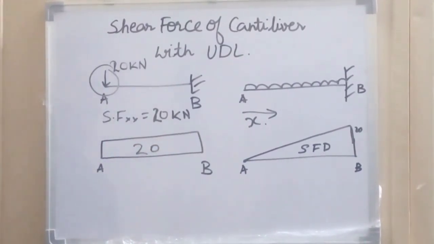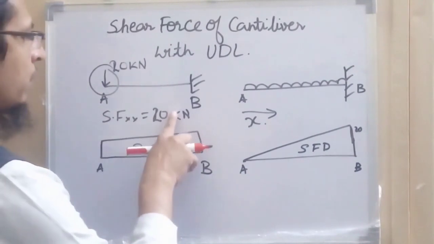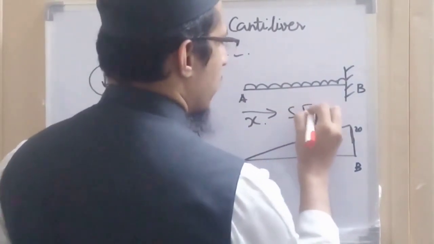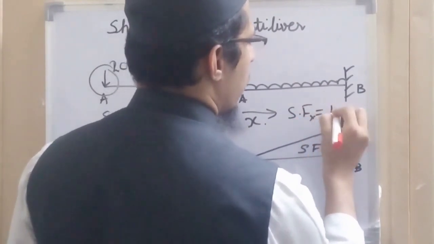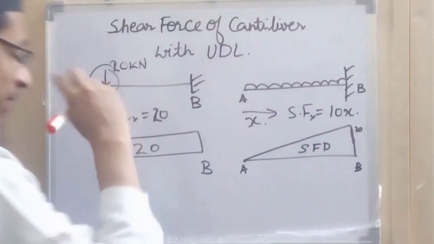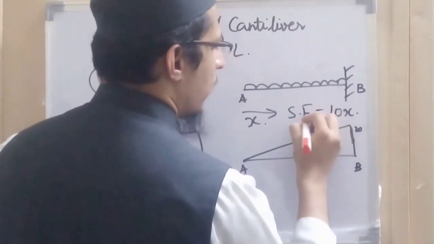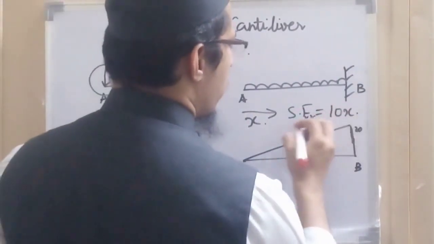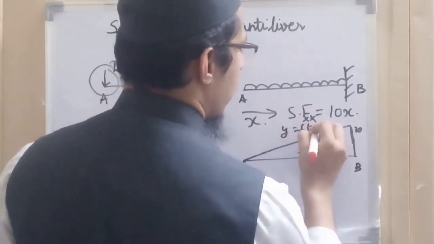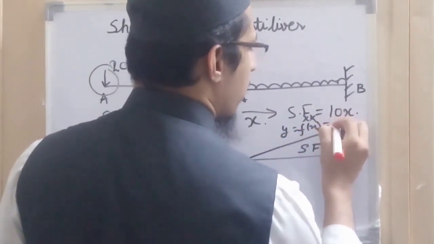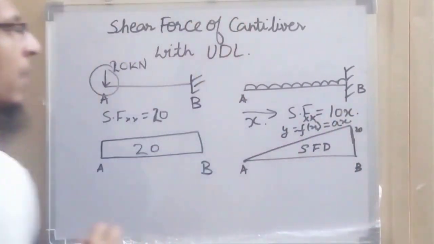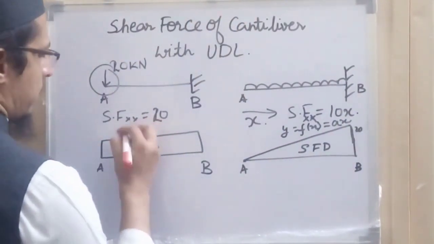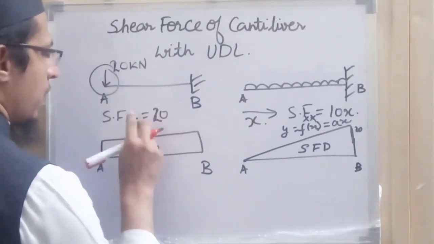So what is the difference between these two? In this case, shear force is a function of x; shear force is equal to 10 into x. At any section xx, it is equal to 10 into x. So here it is y is a function of f of x in terms of a linear equation, a into x, and here it is independent of x.